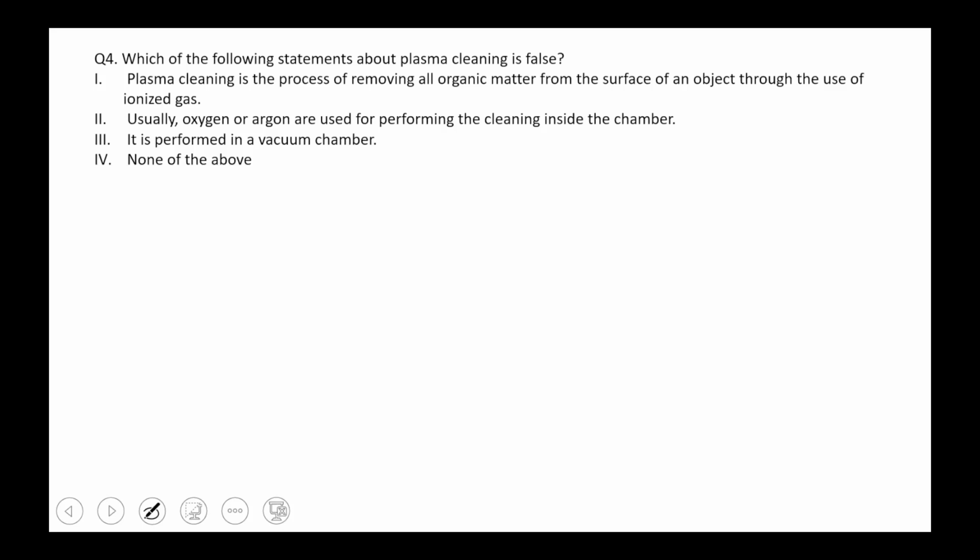Suppose you are in the hospital, have you visited a hospital? How do they sterilize the instruments, the tweezers, syringes, and the equipment they use in surgery on the patient? They are using an alcoholic type chemical.